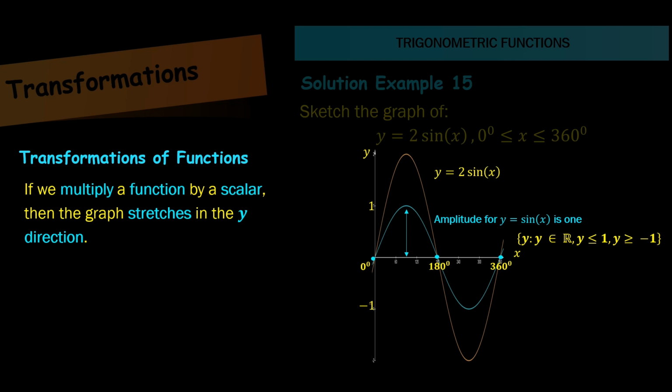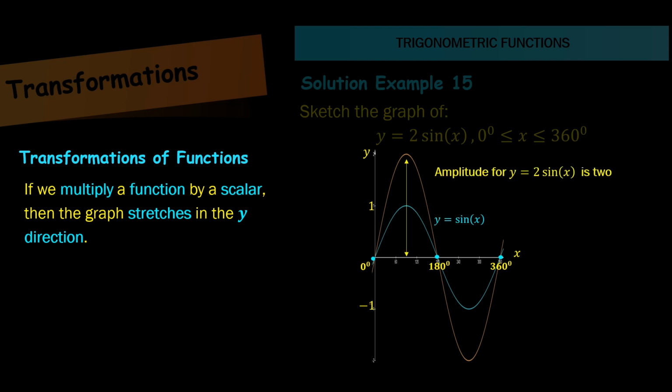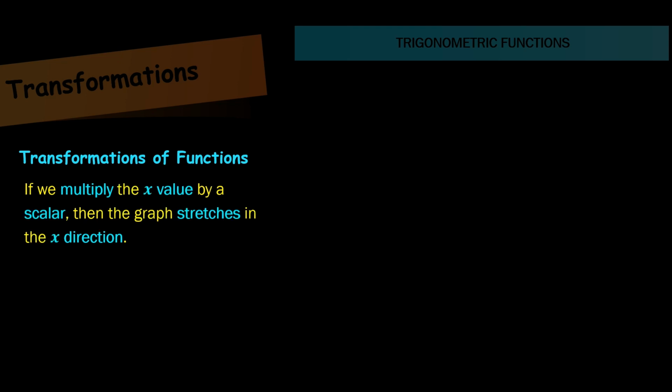We can also see that the amplitude for y equals 2 sin x is 2. And the range is the set of y such that y is in the real numbers and y is less than or equal to 2 and greater than or equal to minus 2. If we multiply the x value by a scalar, then the graph stretches in the x direction.